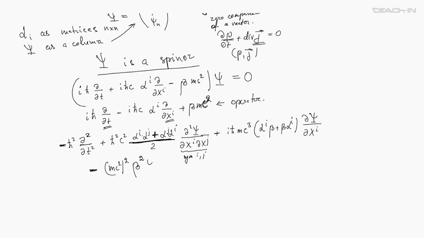So this equation, which we have obtained now, is a consequence of the original equation. We assume that psi satisfies this linear equation, and if it does, then as a consequence it must satisfy this equation here, which is now a second order equation because it contains second order derivatives in time and in x. It also contains the first derivative and the psi term without derivatives.